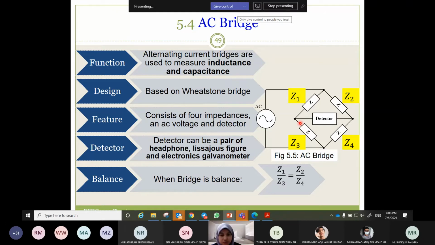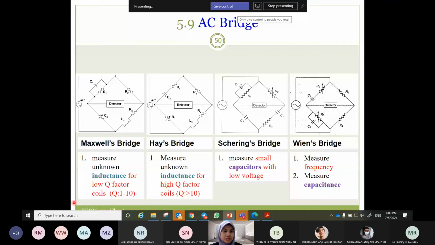Have you learned about impedance before? So there are four configurations of AC bridge: Maxwell, Hayes, Schering, and Wien bridge. Maxwell and Hayes bridge are used to find unknown inductance, while the other two find unknown capacitance.